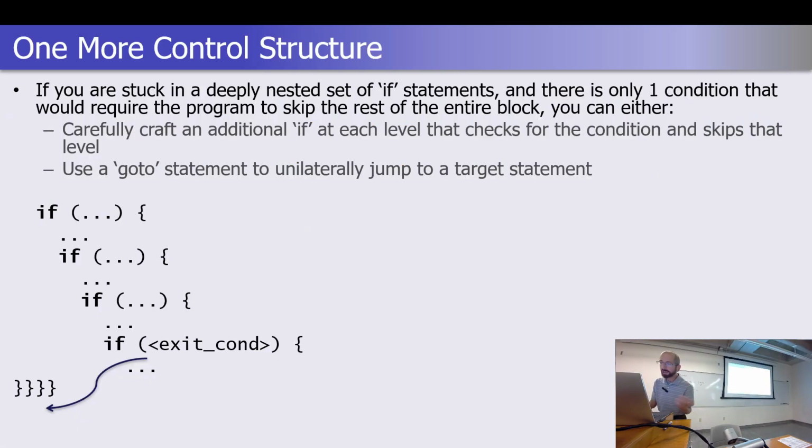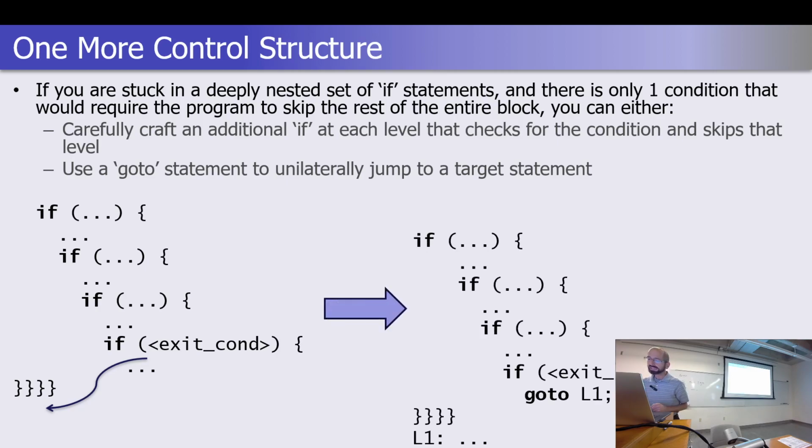Another fun one is this: if you had a deeply nested set of if statements and only one condition that would require the program to skip the rest of the entire block, you would either have to create additional ifs at each level that check for the condition and skip that level, or you can use this additional construct referred to as goto to go to a labeled block of code in your program.